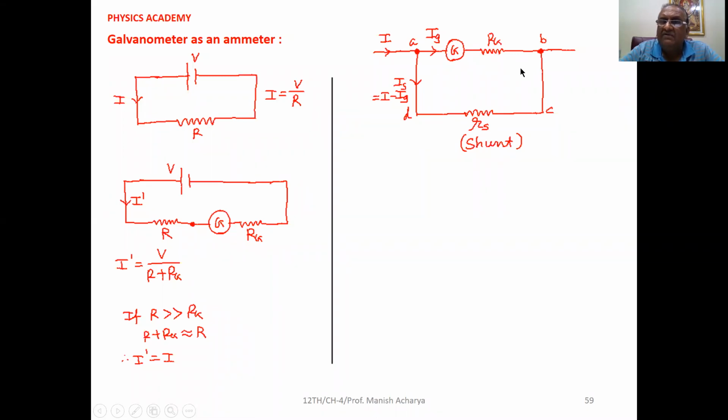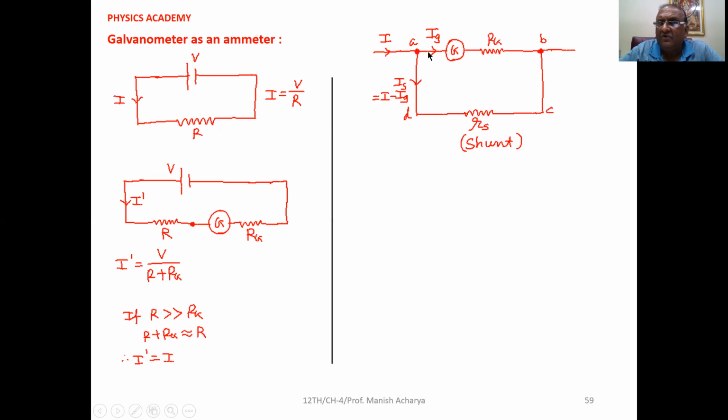And through the galvanometer, only the current equal to its current capacity will flow. Suppose through the galvanometer the current flowing is Ig, that is its current capacity, and the remaining current flowing through the shunt, say it is Is.